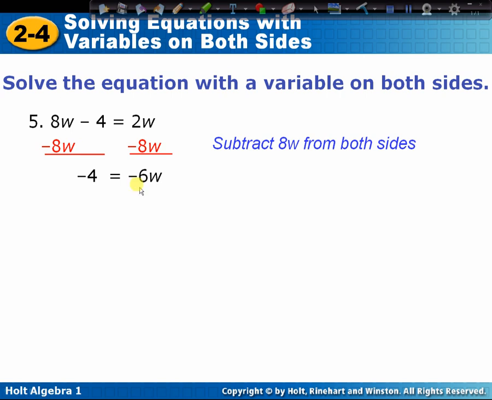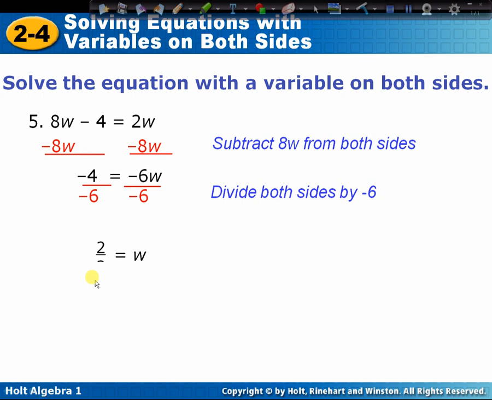So I look at the W again and I say, is there anything being multiplied or divided with the W? And the negative 6 is being multiplied because it's right there next to it. So negative 6 times W. So to move the negative 6, I need to do the opposite of the multiply, so I'm going to divide. So we're going to divide both sides by negative 6. The 6's here are going to cancel.